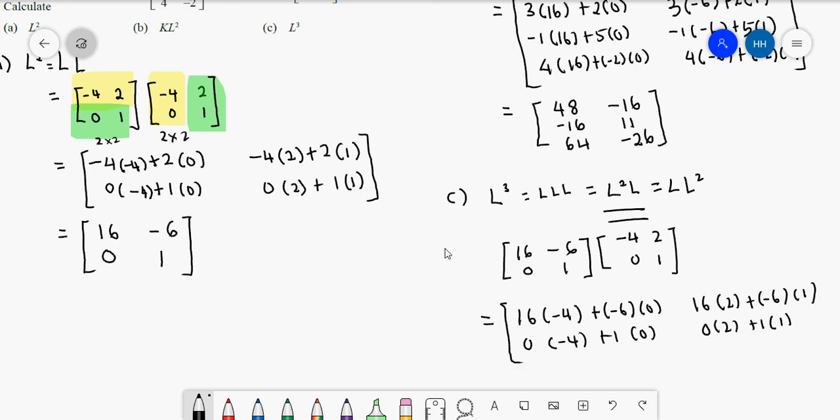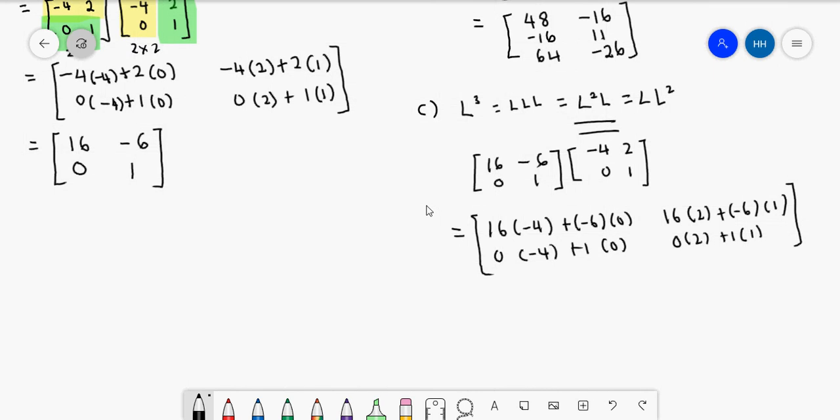Then I calculate the values. 16 times negative 4 is negative 64. This is 32 minus 6 is 26. And then 0 plus 0 is 0. 0 plus 1 is 1. So the answer for question C is negative 64, 26, 0, 1.